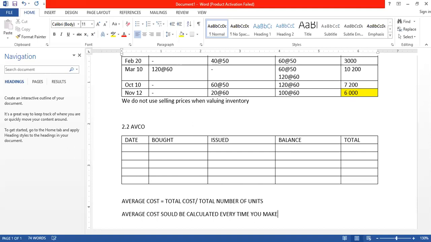Every time you buy inventory, every time you purchase your inventory, you will need to calculate your new average cost.